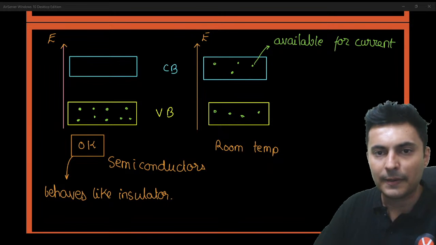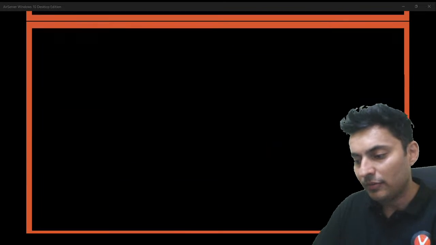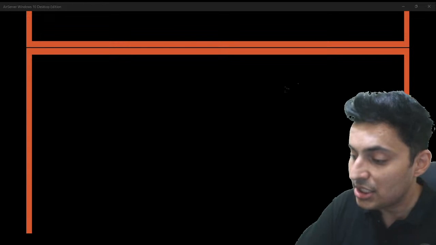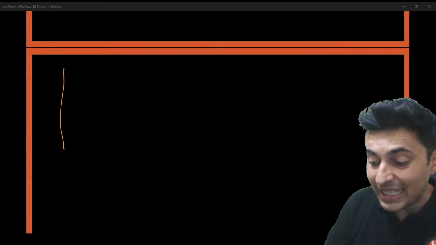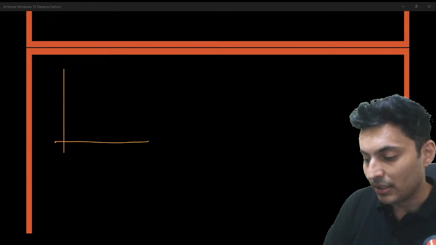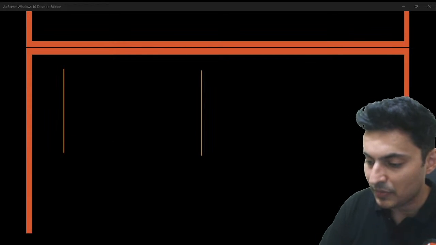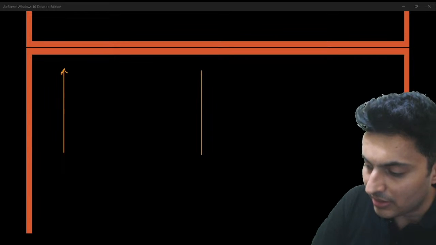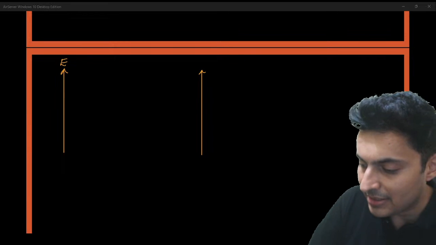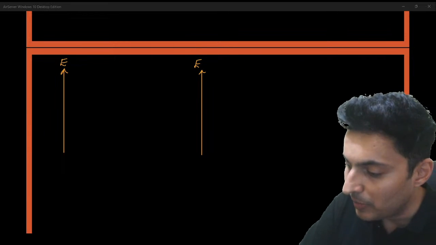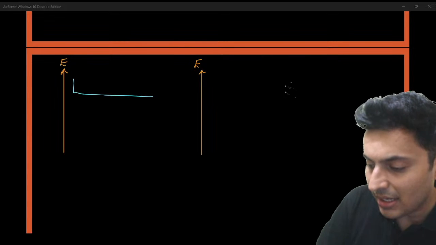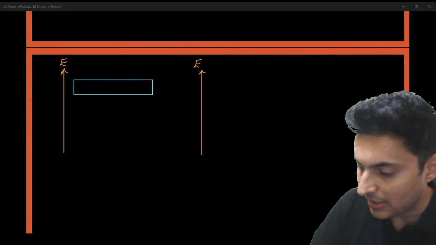What other graphs are there? You have the graph of how these band gaps change for p-type and n-type semiconductors. So how do the energy levels change when you dope it with p and n type? Hold on a second.